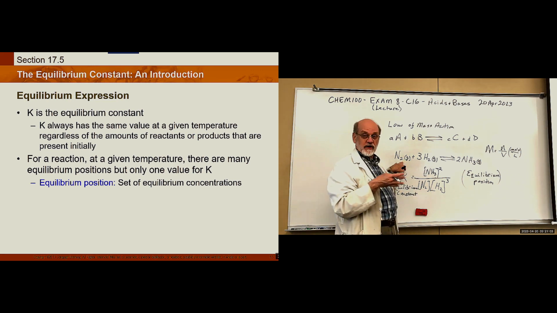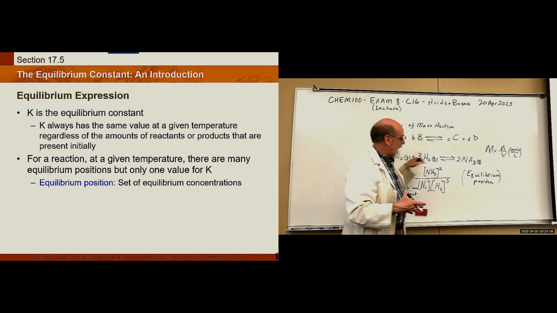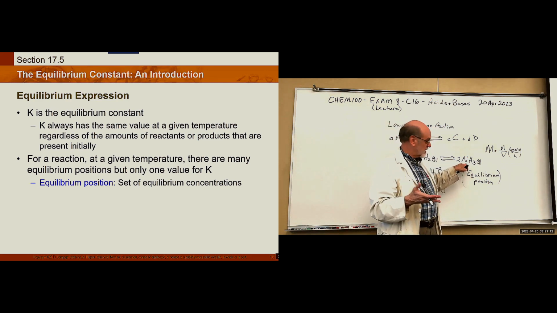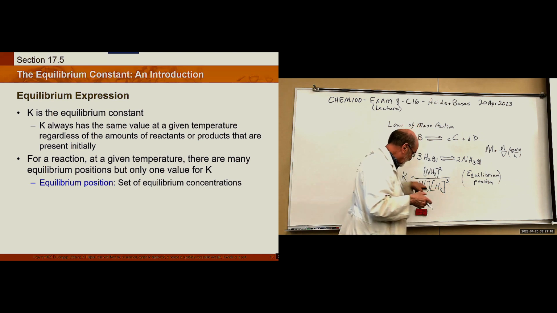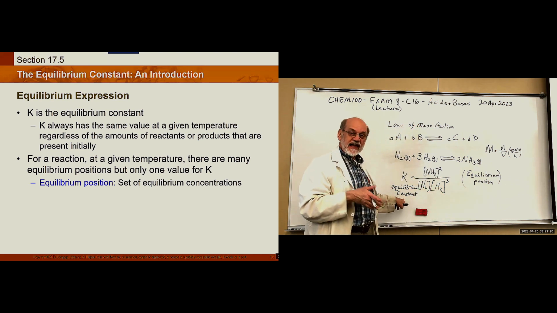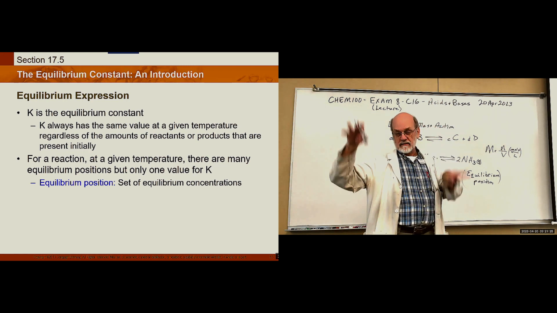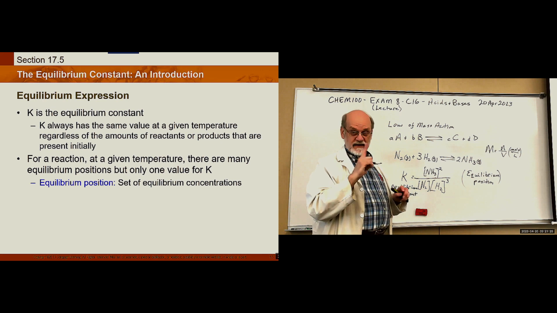And we used up some more nitrogen, so its concentration is different. And this concentration is different. That is a change in equilibrium position. But if we take those different values, plug them in here, we get the same constant. So the equilibrium position can vary, but the constant cannot at a given temperature.